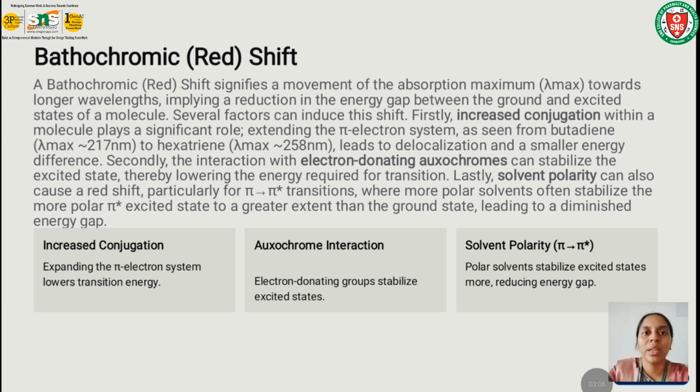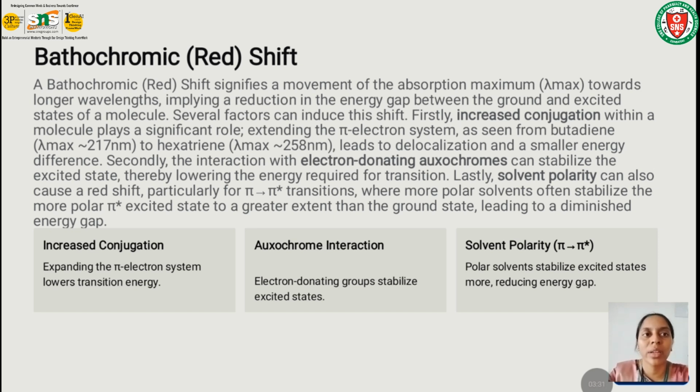For butadiene, the lambda max is 217 nanometer, and for hexatriene it is 258 nanometer. The difference between these two is that the number of carbon atoms has increased and the diene has become a triene. So the conjugation, or the double bond or triple bond unsaturation, has increased, which leads to delocalization and a small energy difference.